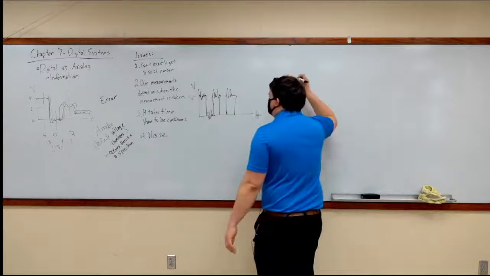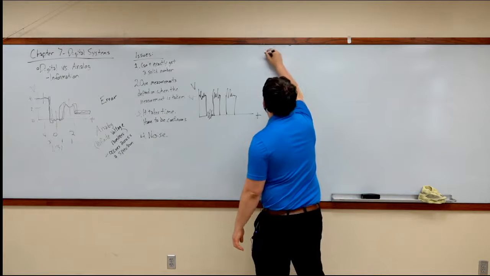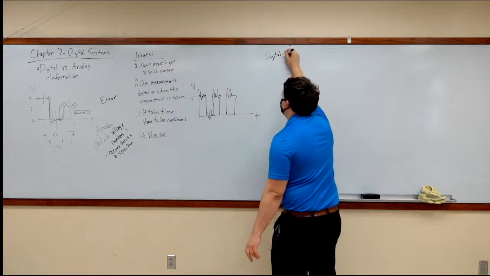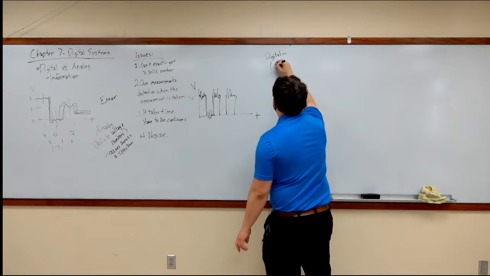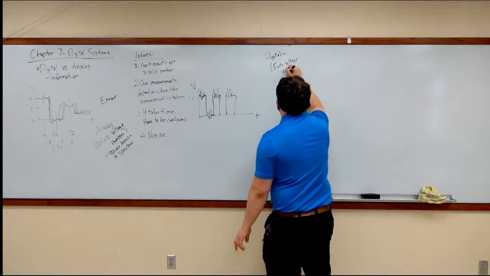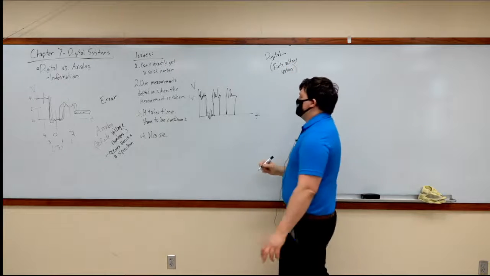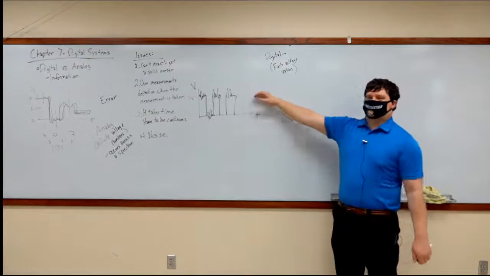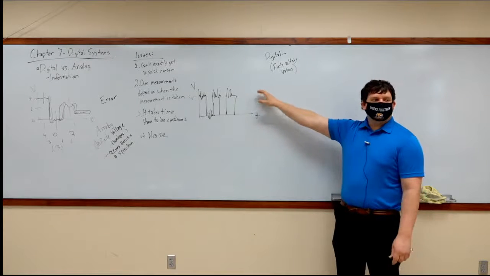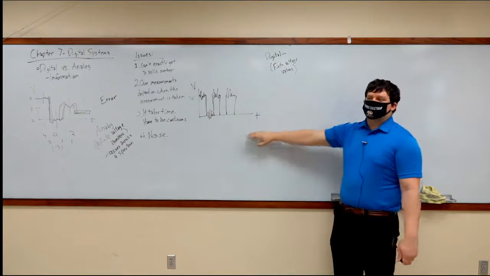Okay? So for a digital system, what you have is a digital system is known as digital because you have finite voltage values. Meaning that here, we either have 5 or we have 0. We either have 3.3 or we have 0. We have 1 or we have 0.